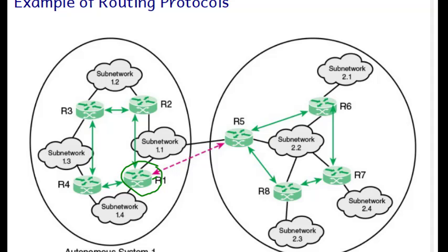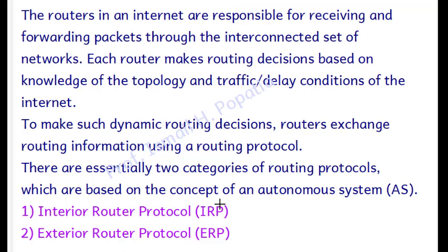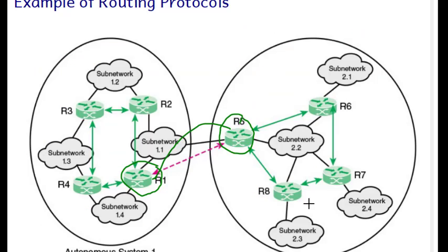It shares the information of the entire autonomous system with a router in another autonomous system. For that purpose, the protocol we use is called the exterior routing protocol. So by using the exterior routing protocol, one router shares the information about the entire autonomous system with the other autonomous system's router.